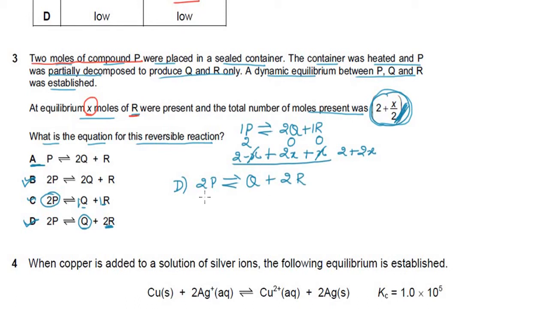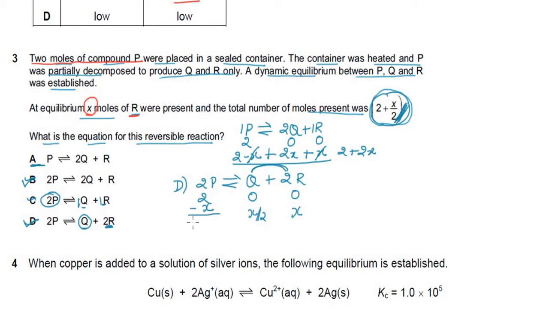Now initial moles of P is 2, 0, 0, and at equilibrium R is X. So Q should be X by 2, because it is a 1:2 ratio. For P at equilibrium, we can see that the mole ratio of P and R is the same, so if X moles are formed, then X moles of P should be used up.